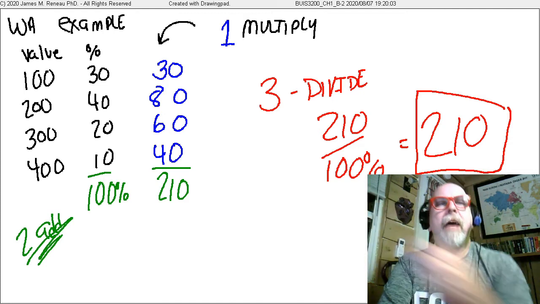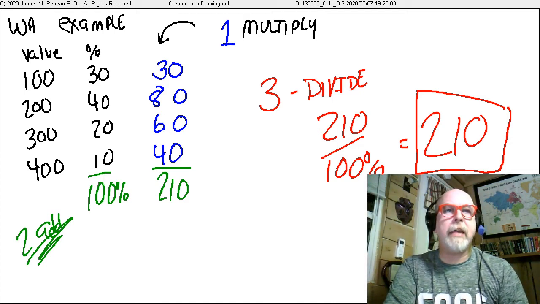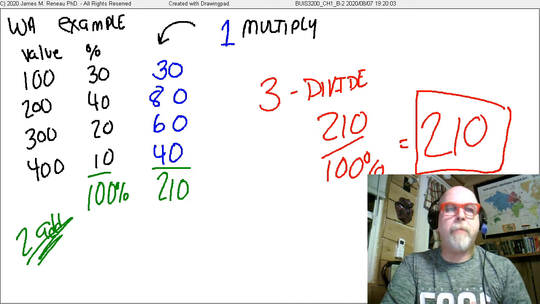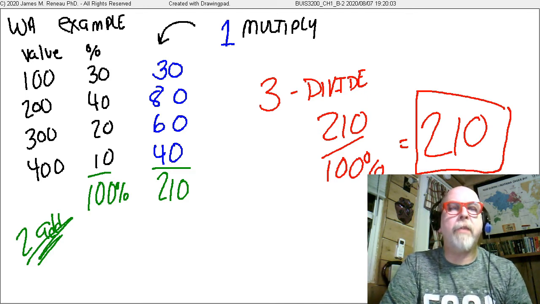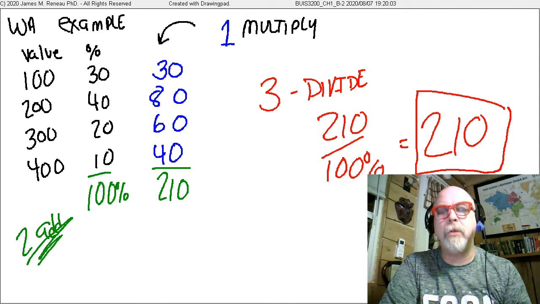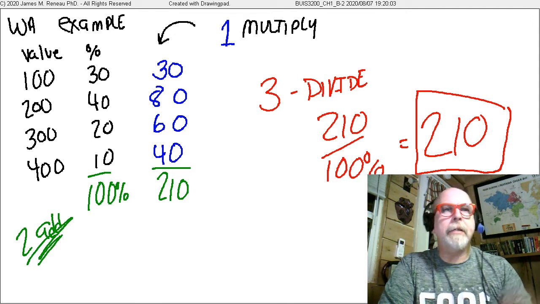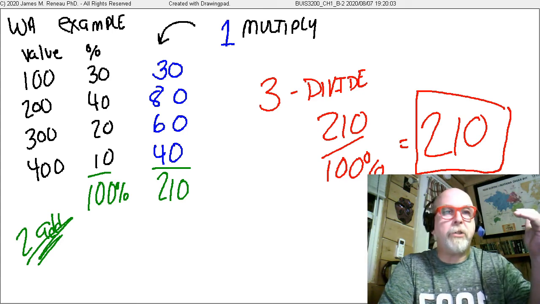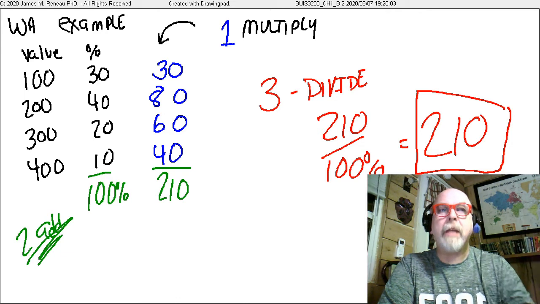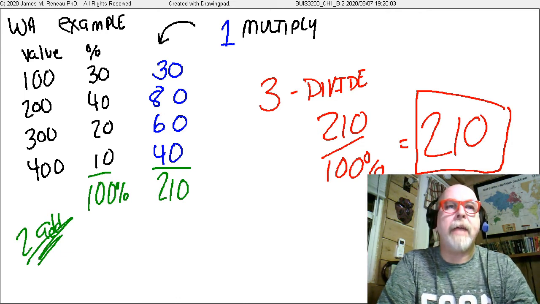So you can see how the weighted average gives us a different number that's based upon the weights of things, and it's often used when there's a percentage chance of something happening. If there's a 10% chance of it costing this much and a 40% chance of it costing this much, then you could weight the average and come up with a weighted average.